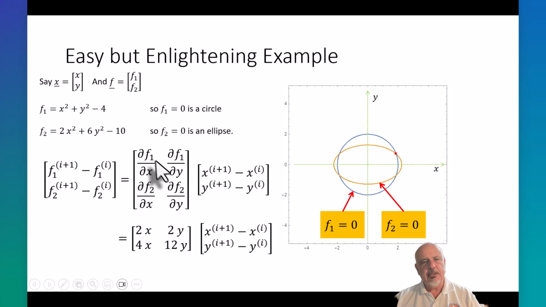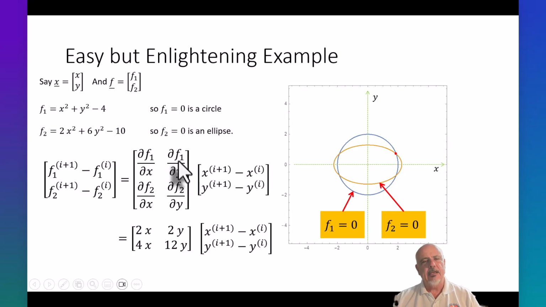If you think about F1 and taking the partial of F1 with respect to x, all you would be doing is differentiating with respect to x, and you're just going to get the 2x right there. If you look at F2, partial of F2 with respect to x, you're going to get 4x, right? 2 times 2 is 4x, and all of the other terms fall out in that column.